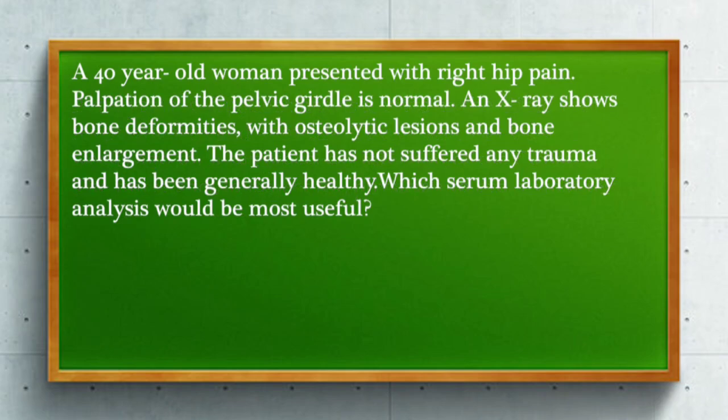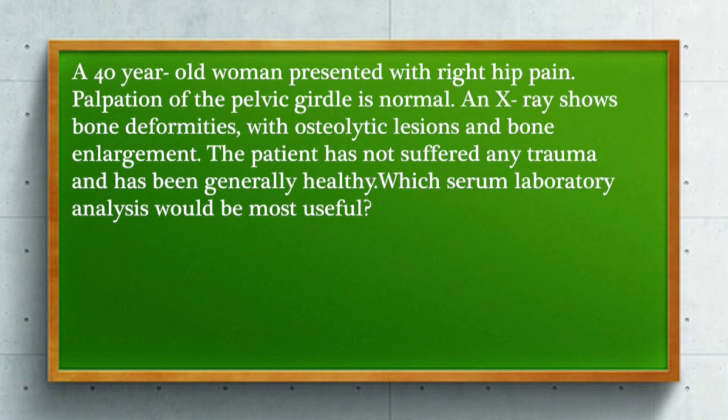Next question. A 40-year-old woman presented with right hip pain. Palpation of the pelvic girdle is normal. An X-ray shows bone deformities with osteolytic lesions and bone enlargement. The patient has not suffered any trauma and has been generally healthy.